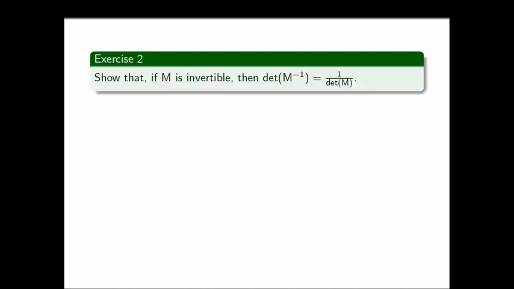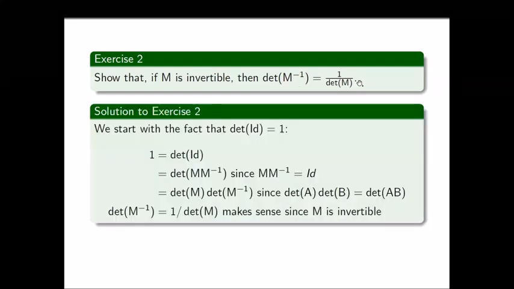Let's look at another exercise. This is an important one. We want to show that if M is invertible, then the determinant of its inverse is the multiplicative inverse of the determinant. We start with the fact that the determinant of the identity matrix is 1. Because we can write the identity matrix as M times M inverse, we can replace the determinant of the identity by the determinant of M times M inverse.